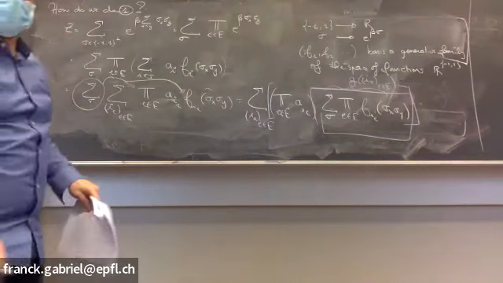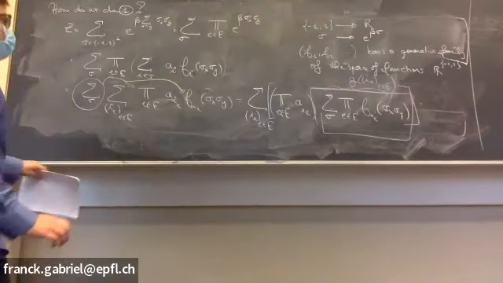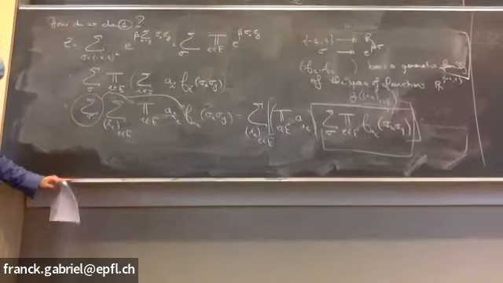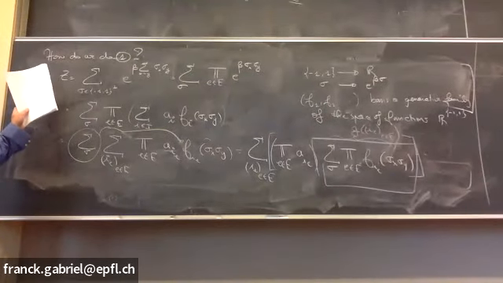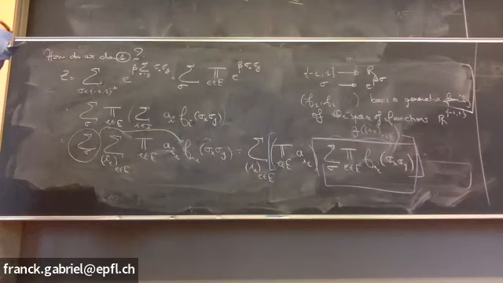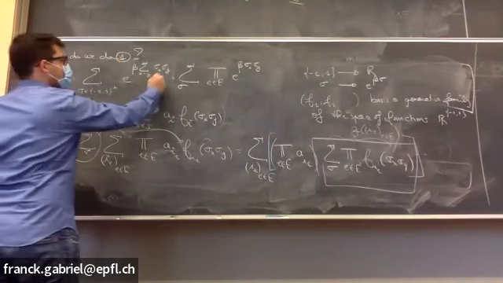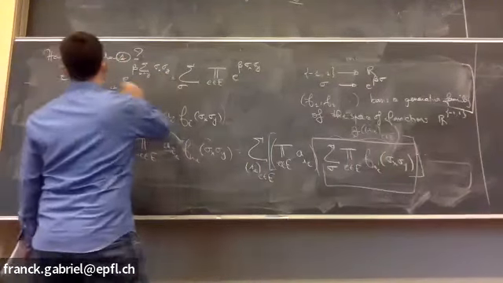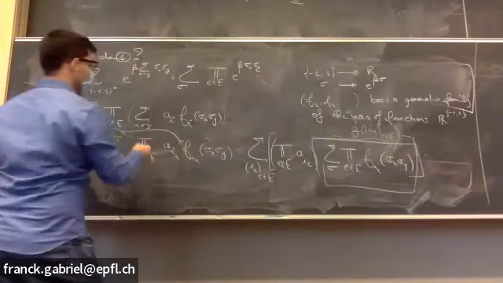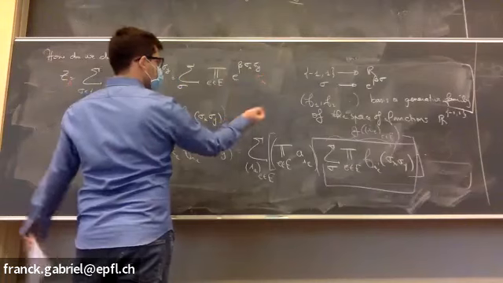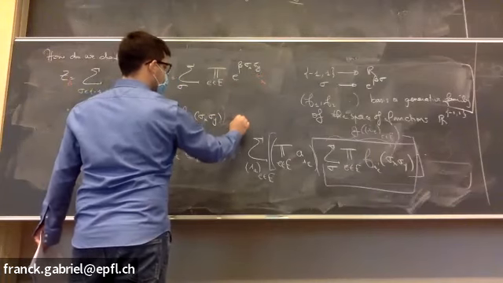Now, what's happening if instead of having Z, I was looking at Z_A. If I'm looking at Z_A, I will have sigma_A here. I will have sigma_A here.